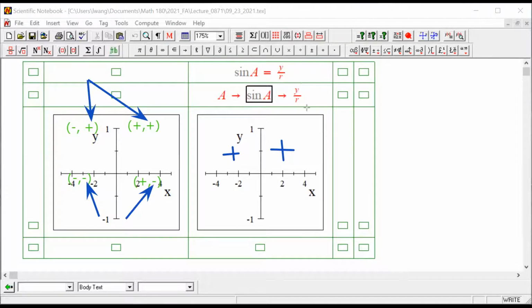Negative divided by positive is negative. So in the third and fourth quadrants, the output for sine is going to be negative. Do you guys follow me? That is also told by the definition. It just doesn't say it because we are supposed to figure this out. You follow me?